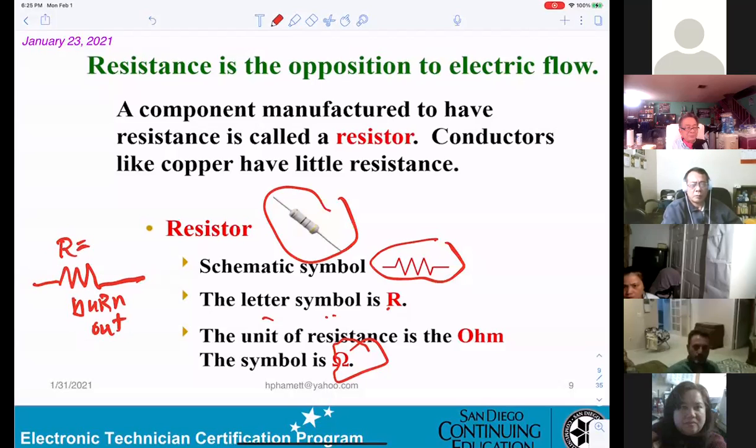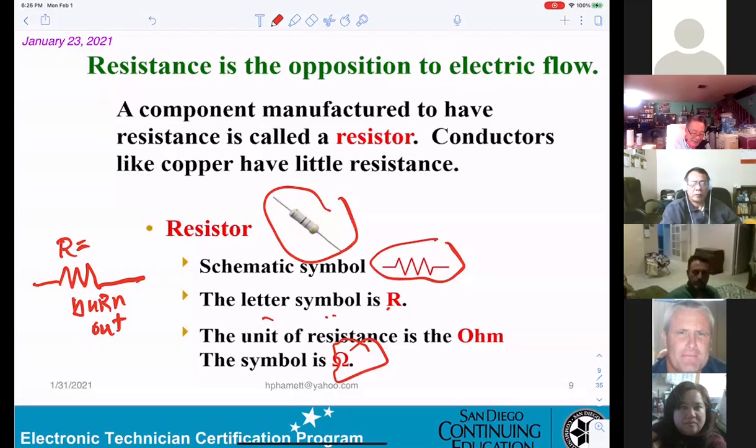Would that be 0? 0 means short, no resistance. It has to be infinity.